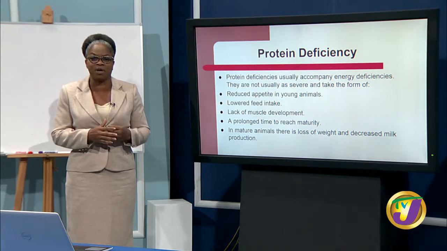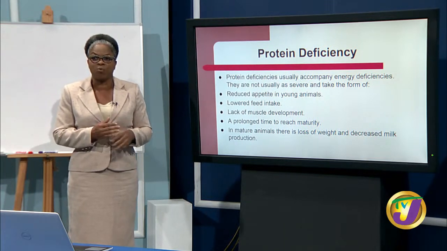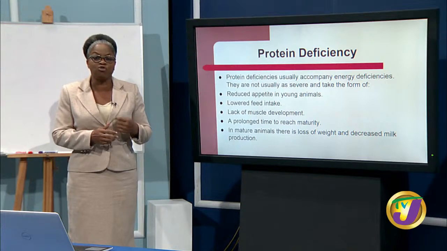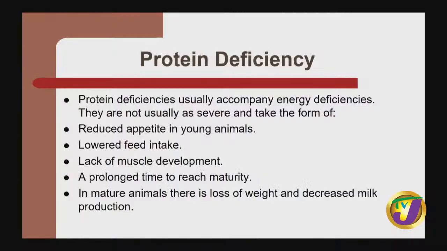So if young animals are not getting enough protein, we are going to have what we call reduced appetite in those young animals. They are not going to want to eat, lowered feed intake, lack of muscle development, a prolonged time to reach maturity, and in mature animals, there's loss of weight and also decreased milk production.